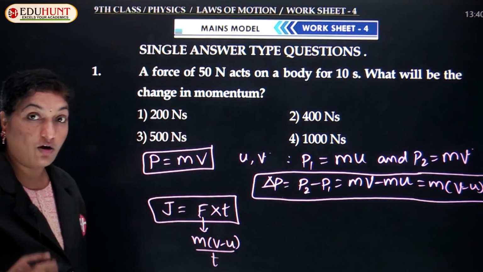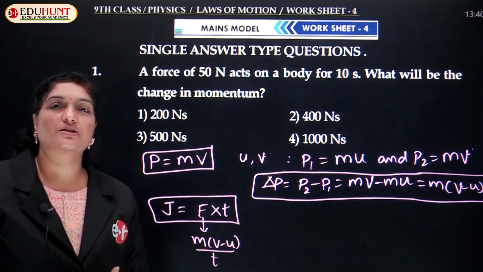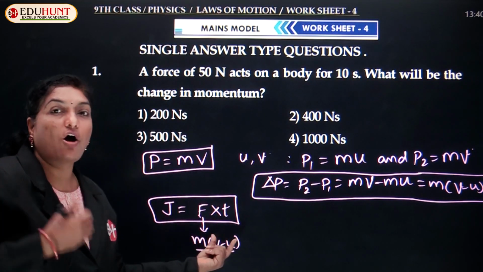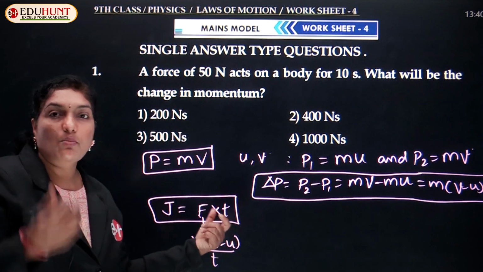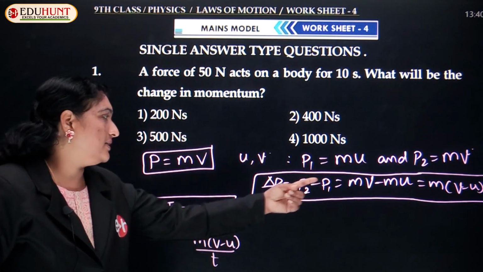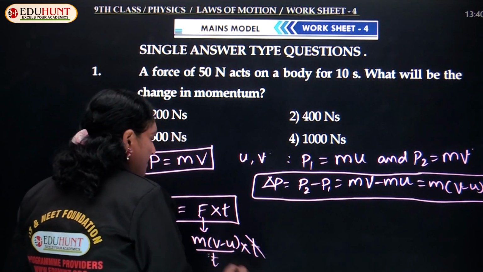According to Newton's second law of motion, the rate of change of momentum is called the net external force. Rate of change means change in momentum upon time: m(v minus u) by t equals force multiplied by t. This t and t get cancelled.